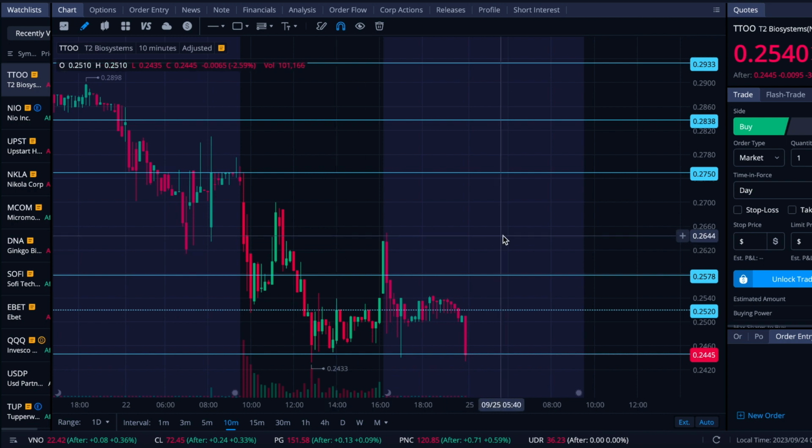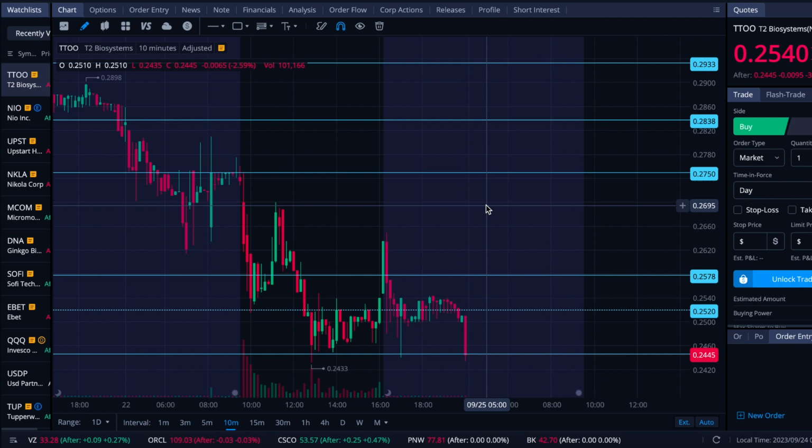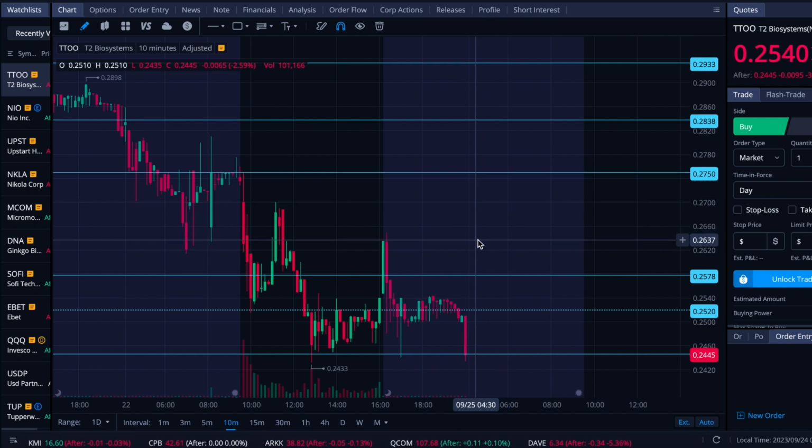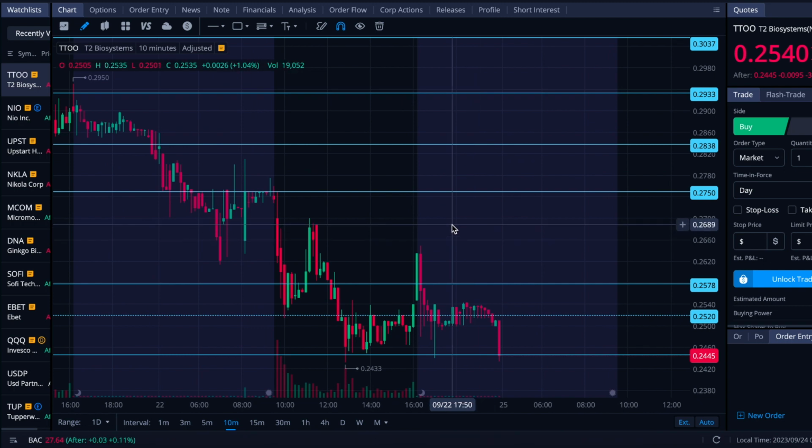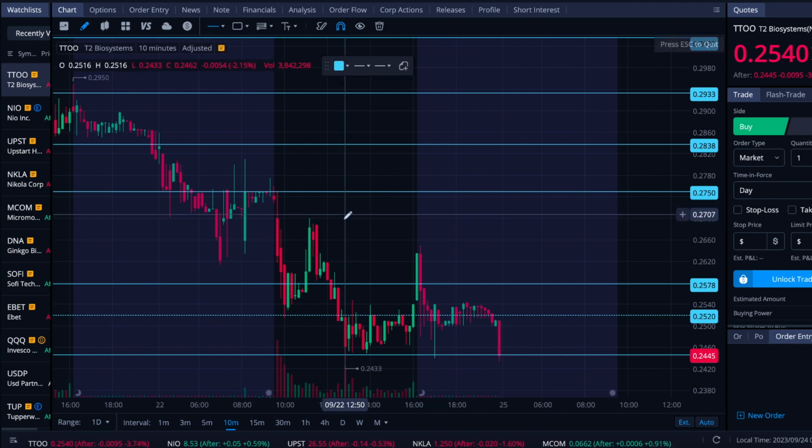So not a ton of additional levels that I would add in here. Trying to see what may be around here, since we still have a pretty big gap in this area. Again, these are relatively weak. I'd maybe put one here.